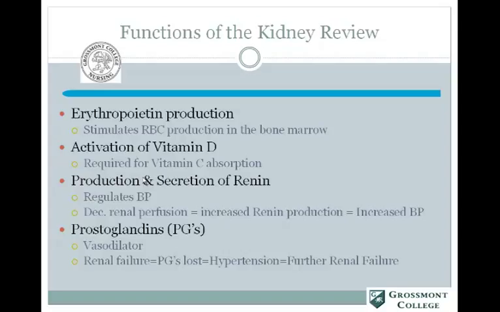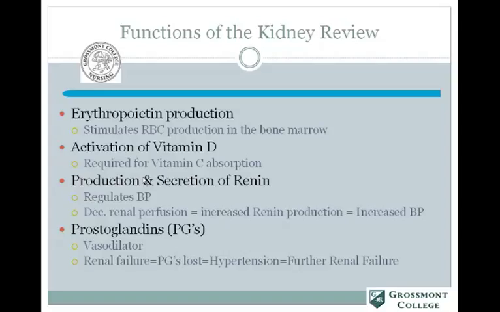And renin regulates what? The blood pressure, and it's produced in the juxtaglomerular cells in response to decreased perfusion, decreased arterial blood pressure, decreased serum sodium, increased urine sodium, and activates angiotensin.